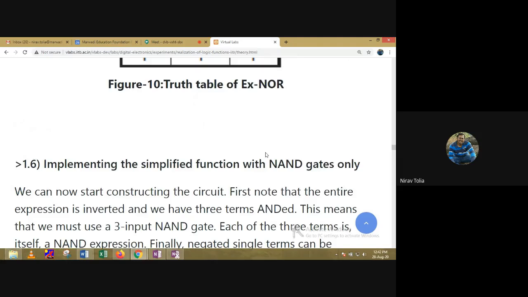Now there are generalized equations also.